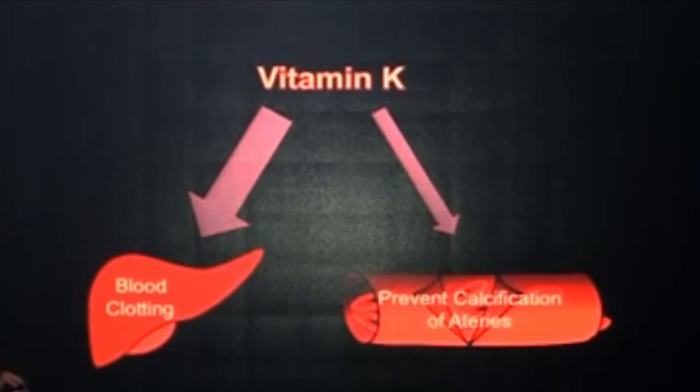Once enough vitamin K1 gets to the liver to activate all those proteins involved in blood clotting, then vitamin K stays around in the bloodstream, in the blood vessels, and activates proteins involved in removing calcium and bringing it to your bones. So it really requires that you get enough vitamin K1 to make sure it's serving both functions for coagulation and for removing calcium from your blood vessels and in your arteries.